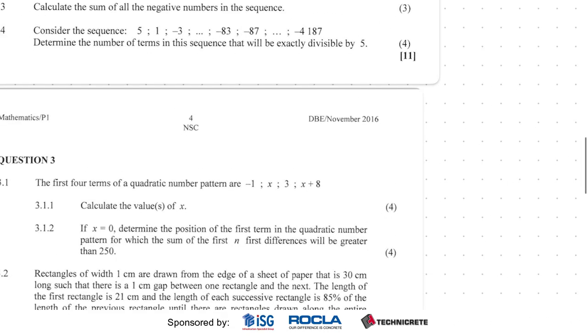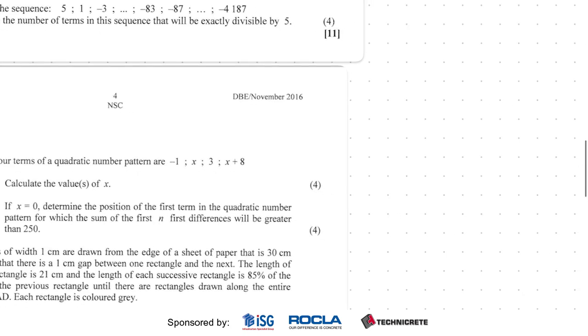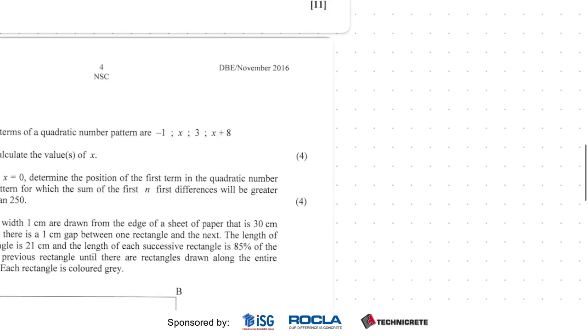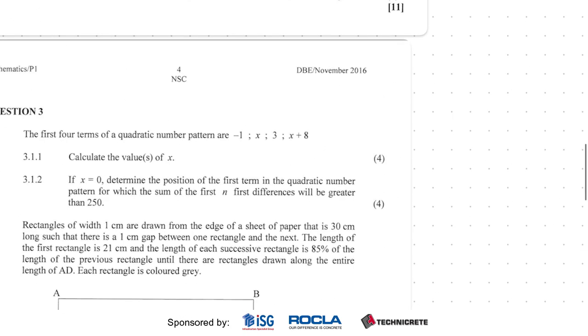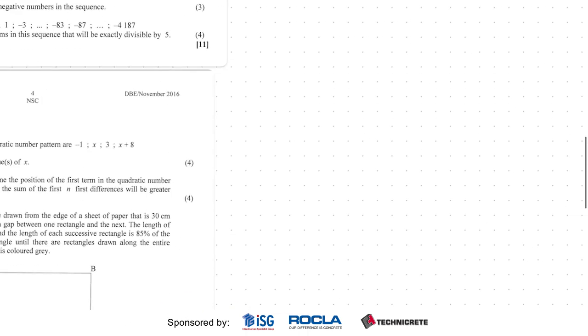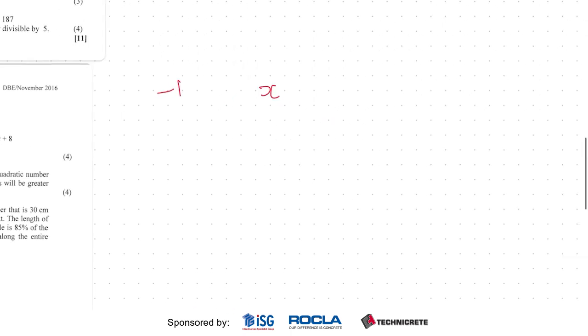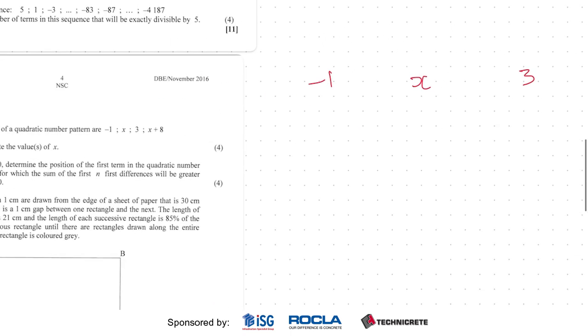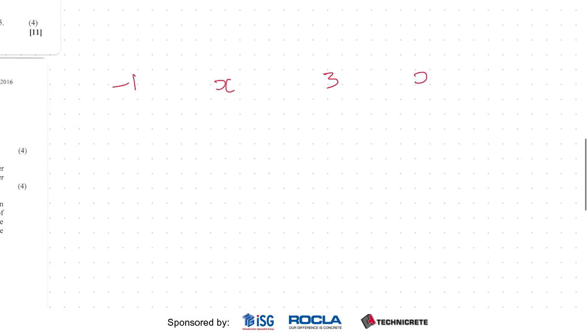Okay, good to know. So it says calculate the values of x. For this one, we don't need to try and set up some complicated equations. Maybe we can just use some logic. Let's see. So we have -1, x, 3, x plus 8.